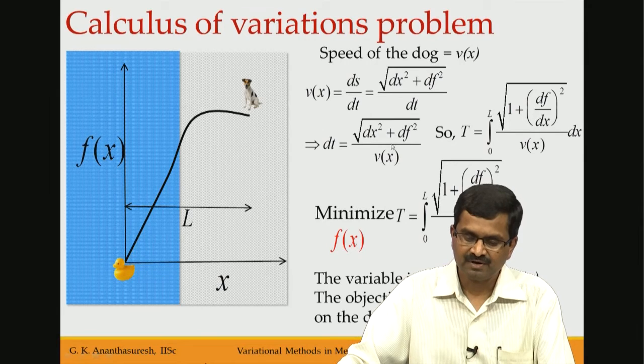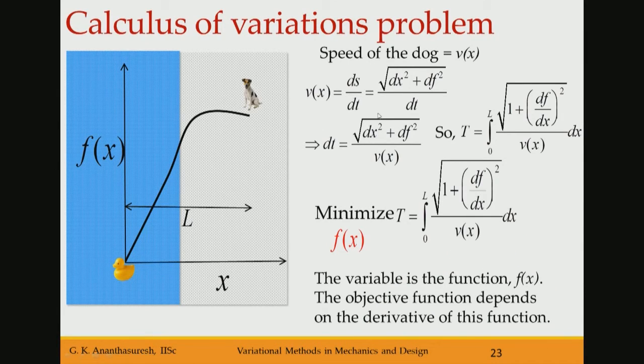We have the ds that we have here divided by the speed, then that equation basically gives us dt. The distance ds divided by the speed gives me the time dt. I want the total time for the dog to go from here to there, then I integrate.